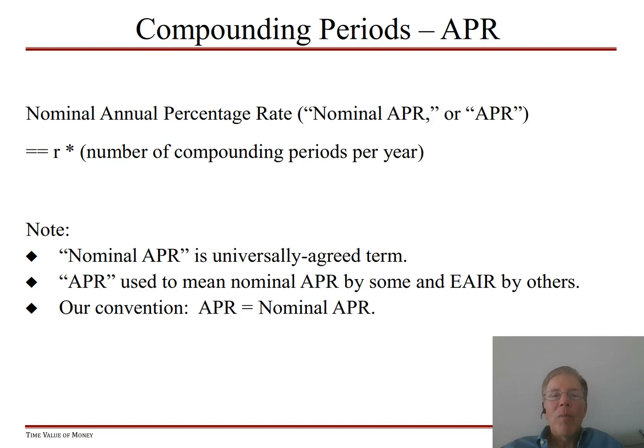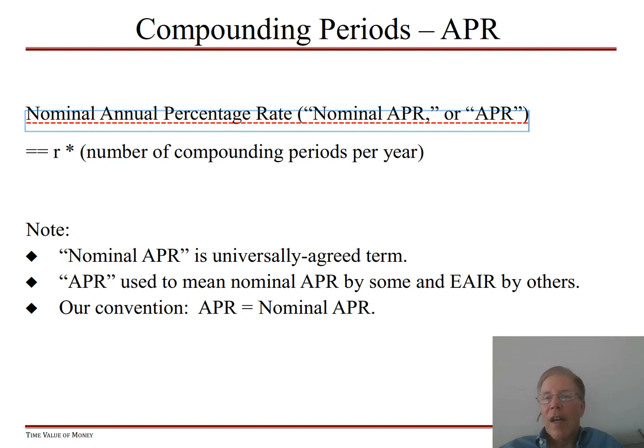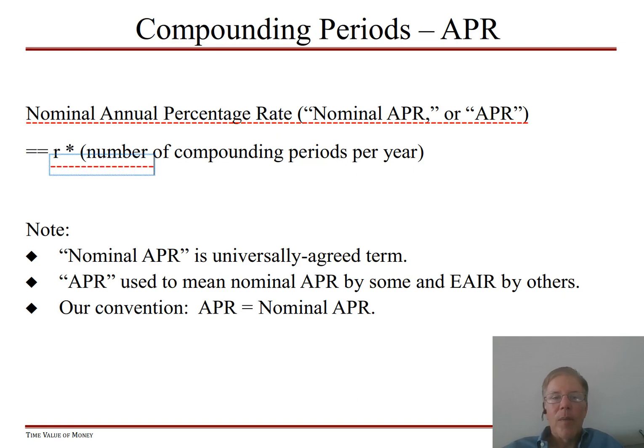Okay, now one more thing about compounding periods that we have to consider is what's called the nominal annual percentage rate, known unfortunately as both nominal APR or simply APR. All right, and that's defined to be our native R times the number of compounding periods in a year.